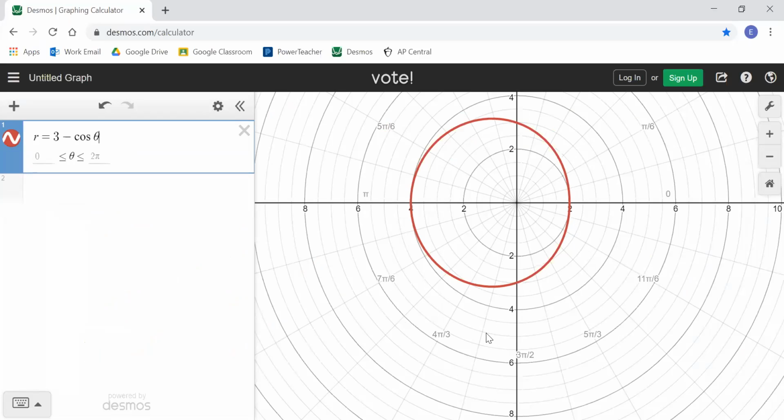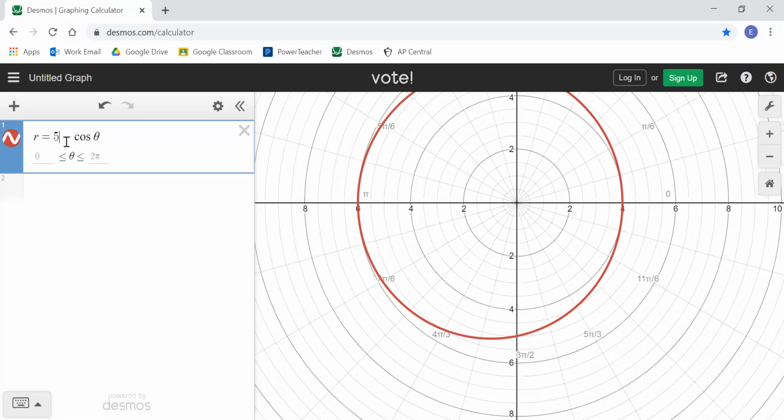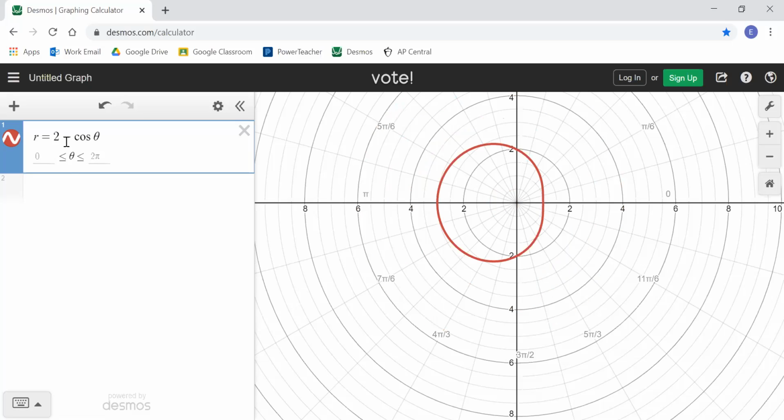It's not a circle, it's just kind of like a squished down circle. And the larger the ratio, the more it begins to resemble a circle. So if I get down to a 2, it looks much more flat. But the larger value I put in there, the larger the ratio is, the less flat it becomes. And the same thing applies. If I change this to a plus, it's just going to flip it around.